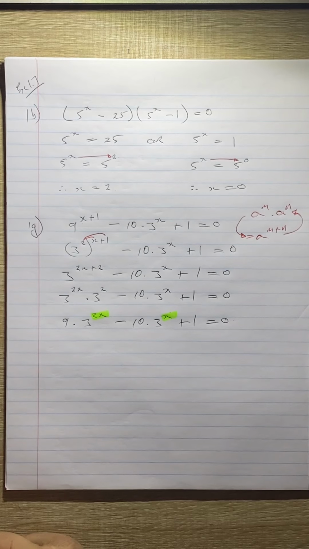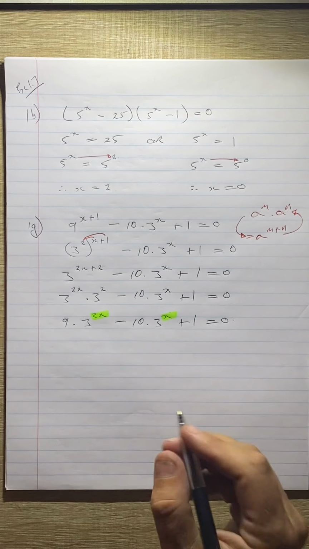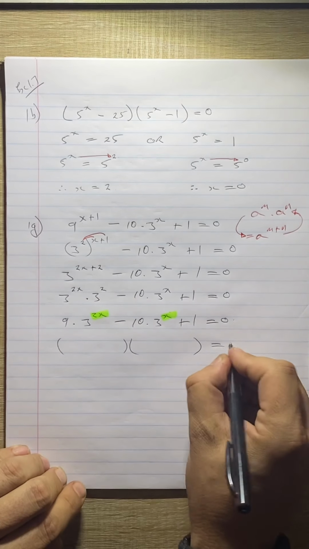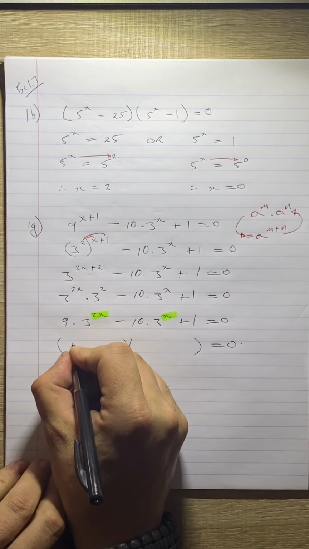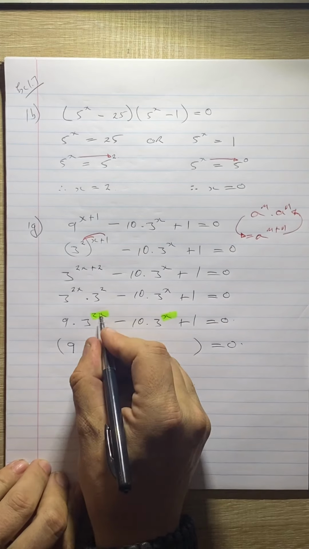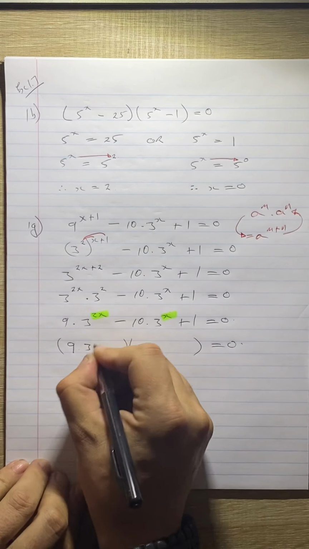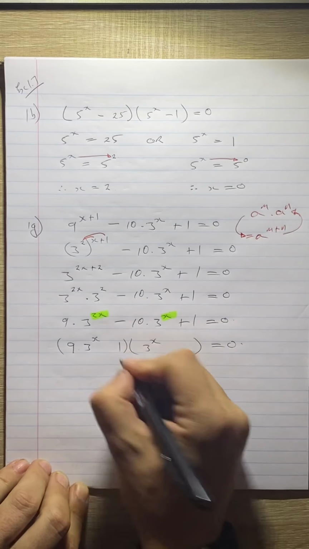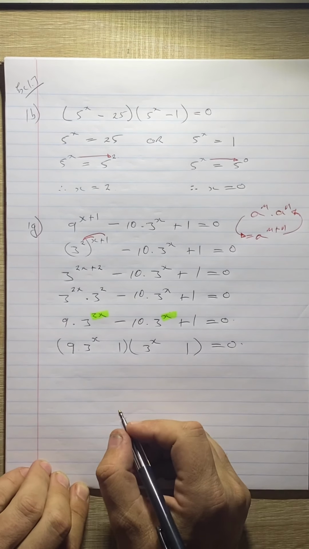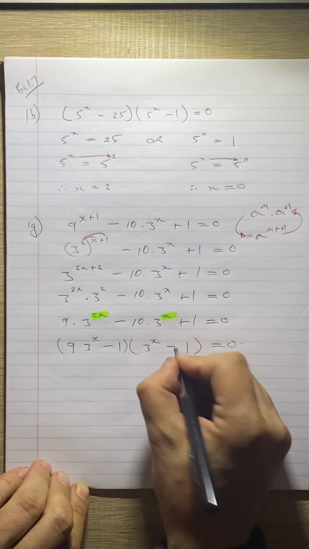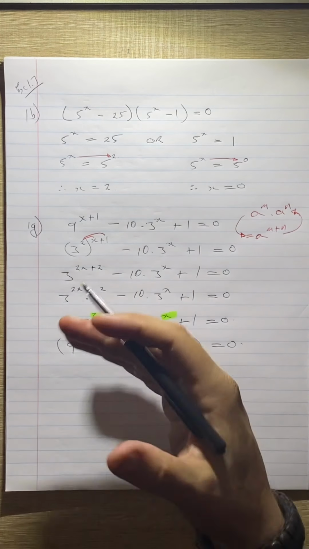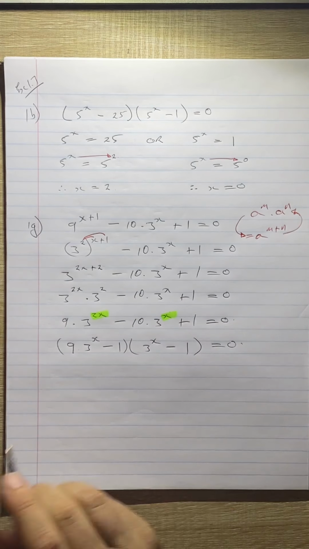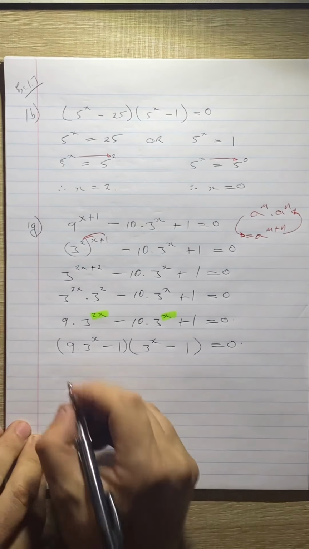Okay, so we need to factorize this trinomial, and we get (9, remember, half that, times 3 to the x, then 3 to the x, 1, 1), and our signs are going to be minus and minus. Okay, guys, please make sure you know how to factorize your trinomials. It is very important.